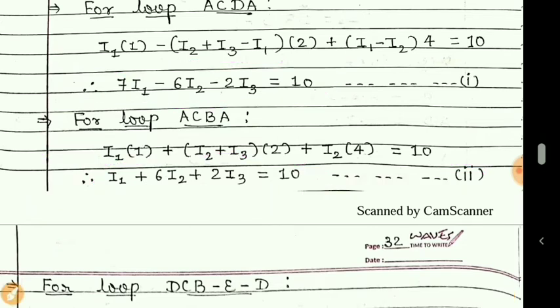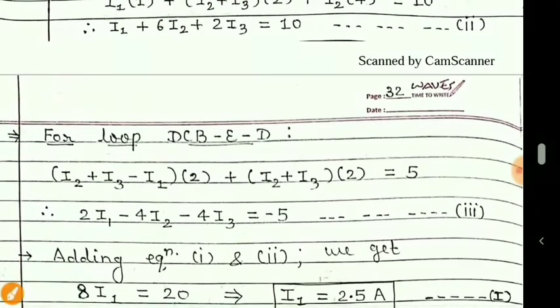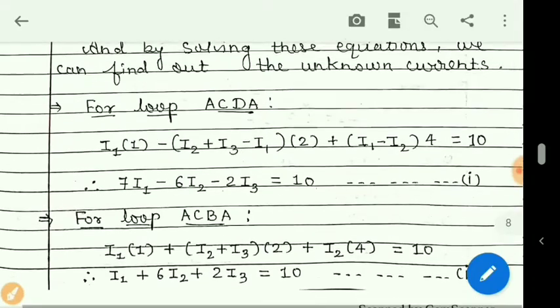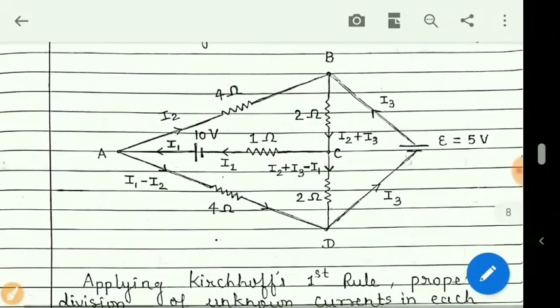So again we took one more equation, equation number 3. This can be obtained by applying Kirchhoff's law to this loop DCBED. DCB, it is here.